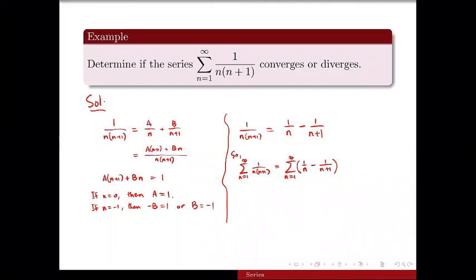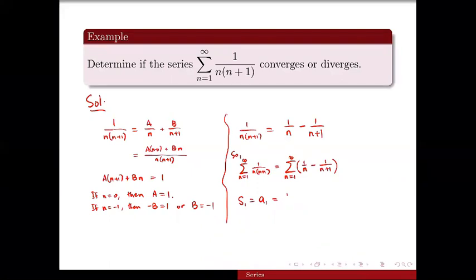Now, let us look at the partial sums. Let's have S sub 1. S sub 1 is just your a sub 1, your first term. This is what? 1 over 1. I'll just write that 1 over 1 as 1.